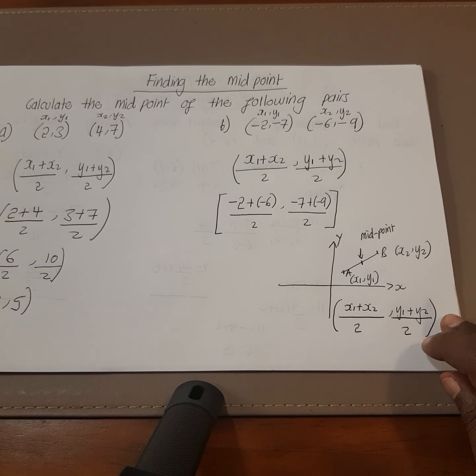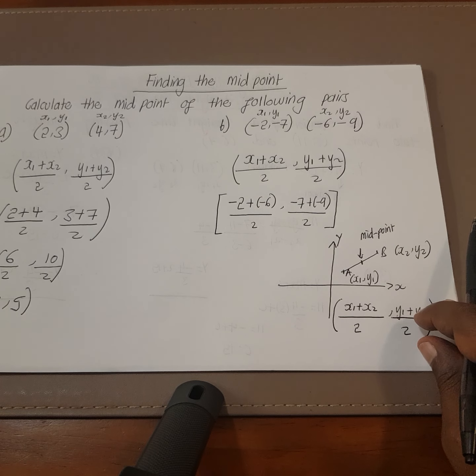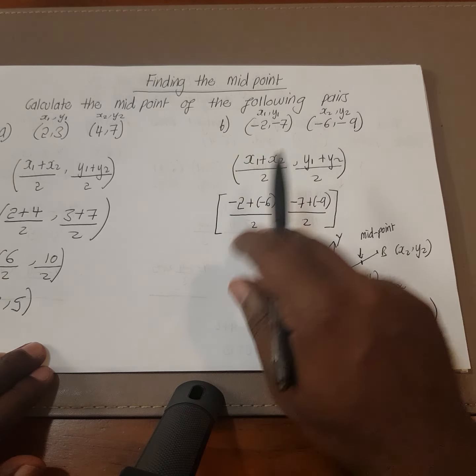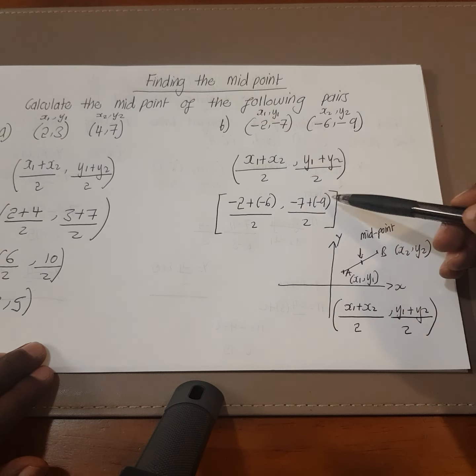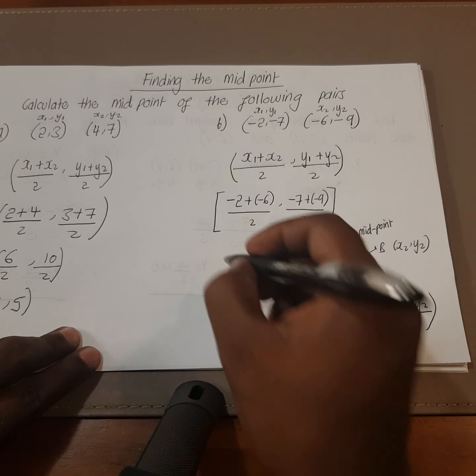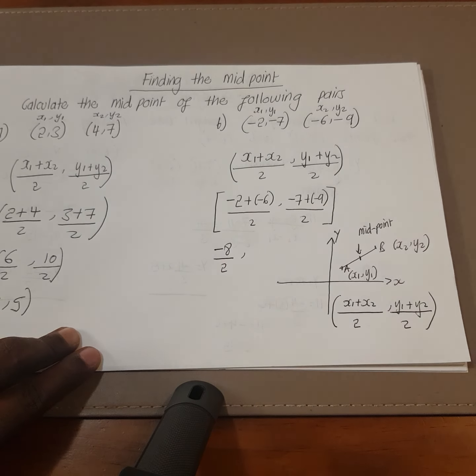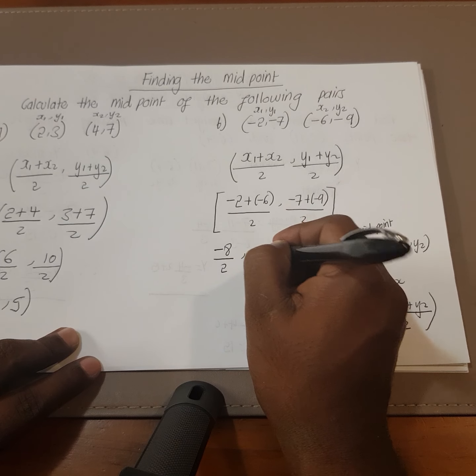But to avoid that, use the power of brackets. Put the brackets in between to show that that -6 is this one here and that -7 is that one here. All right. So -2 plus -6, that now becomes -8 divided by 2, and -7 plus -9 is -16 divided by 2.